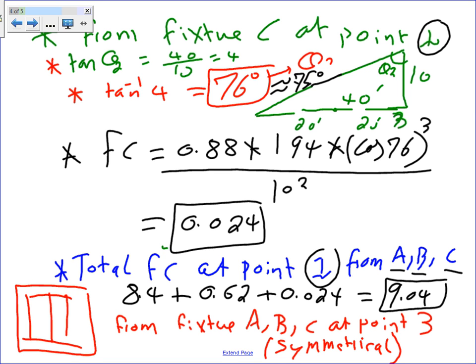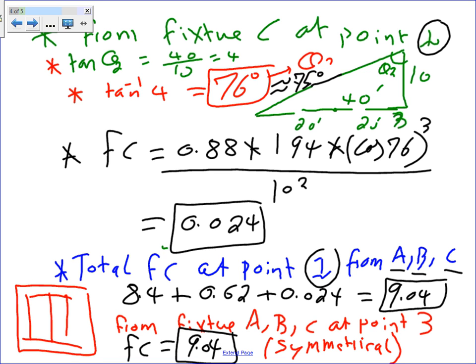Now, be my guest and do the calculation again, or take advantage of symmetry. At point 1 from A, B, and C is the same, guys, as at point 3 from A, B, and C, if you look at the symmetry. So do I need to repeat my calculation again? I hope not. And then the only thing I want you to write is the foot candle equals 9.04.